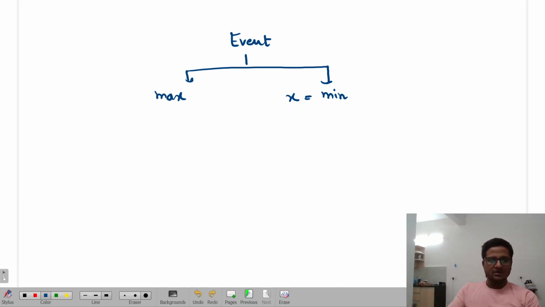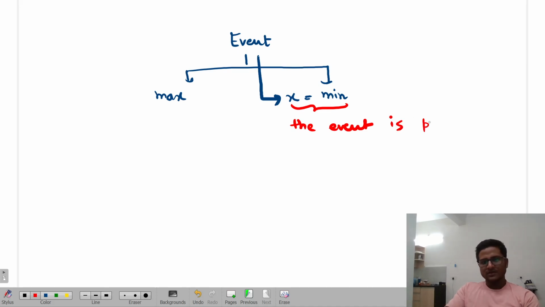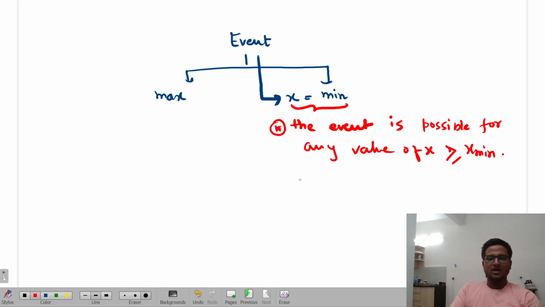So basically, minimum means for any event which is dependent upon variable x, the meaning of this x minimum is the event is possible for any value of x greater than or equal to x minimum. लेकिन ये इवेंट पॉसिबल नहीं होगा for x less than x minimum. Are you able to get me or not?